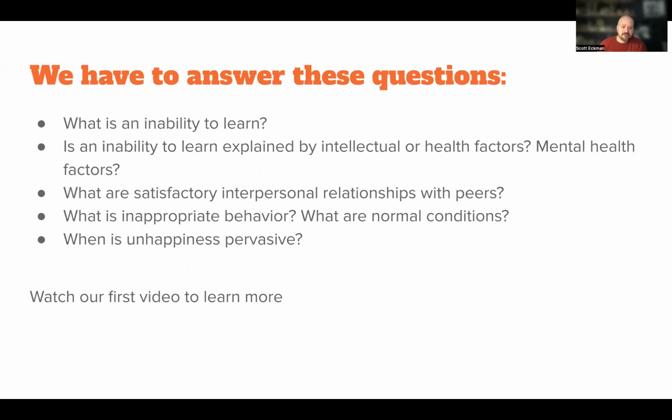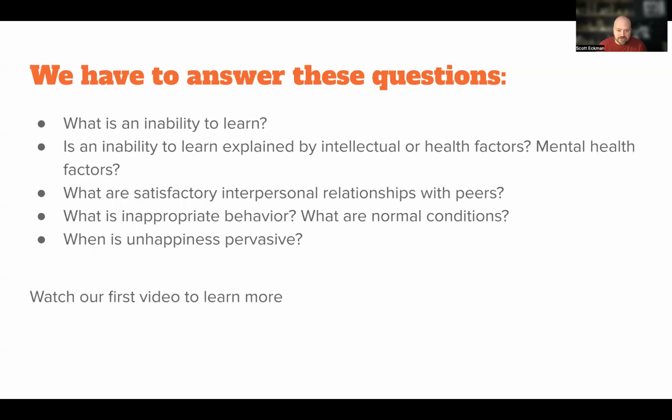What about mental health factors? What is that inability to learn in terms of achievement? How long is that achievement dip? Is it 1 year or 2 years? Is it just academics, or is it also social, emotional, and behavioral learning achievement? Those are all things we have to think about that really aren't addressed in the definition.